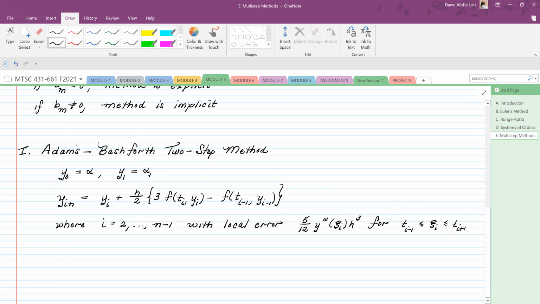Okay, so that's the two-step Adams-Bashforth method.